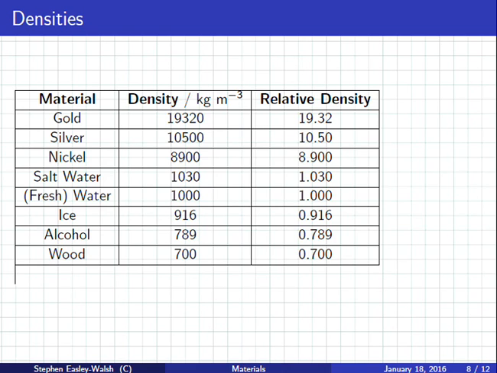Okay, so please write this definition down. Relative density. You mean by respect, compared to? Yeah, as a fraction. Not showing respect.